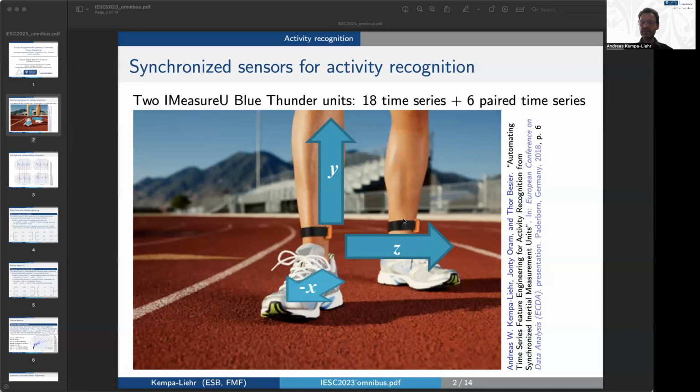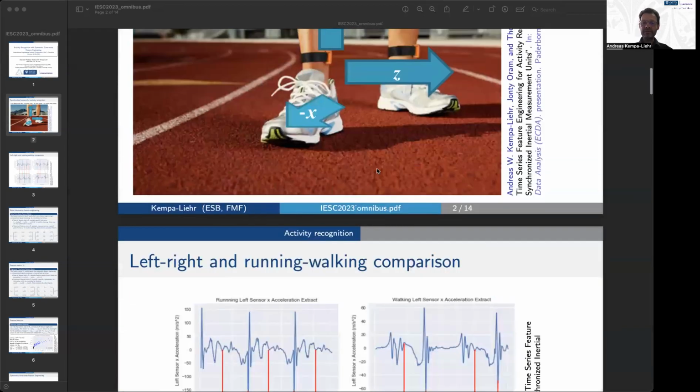For example, we can compute another time series, which is the difference of acceleration in X direction from the left sensor to the acceleration in X direction measured at the right sensor. So all of these 6 time series, we're measuring these differences for the accelerations and rotational velocities. In total, we get 24 different time series, which we can use to train an activity recognition algorithm.